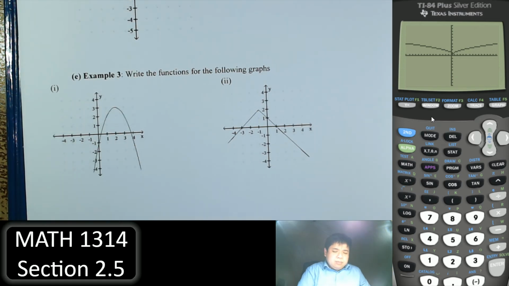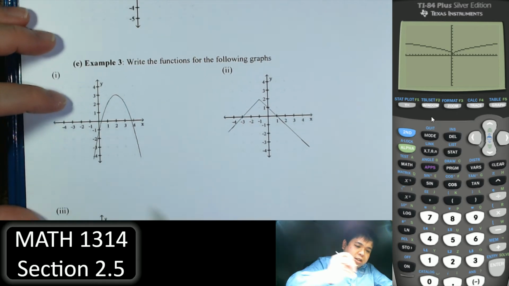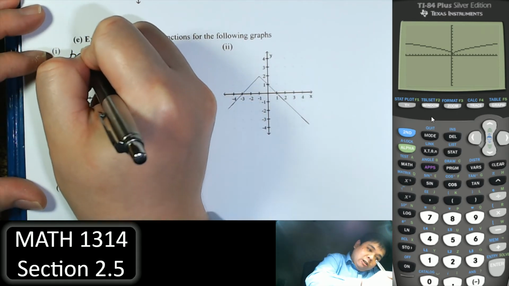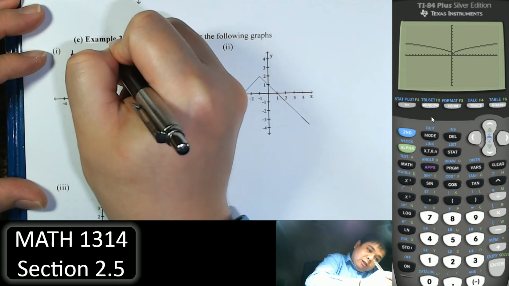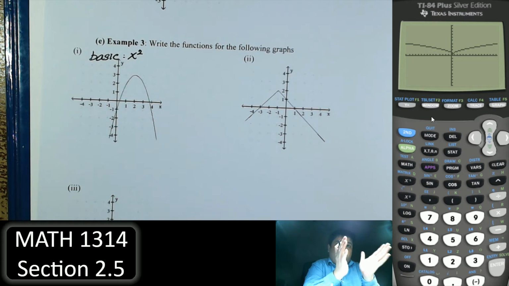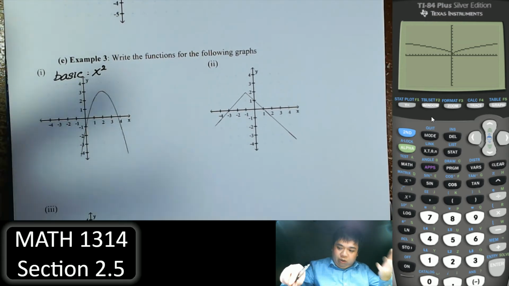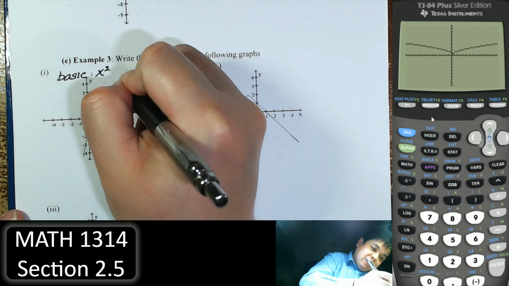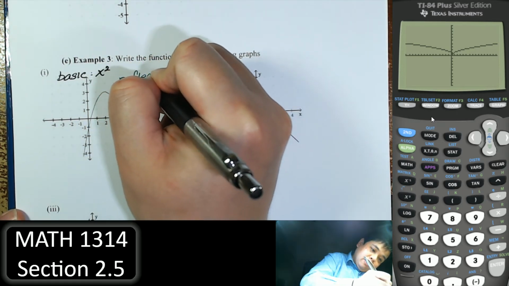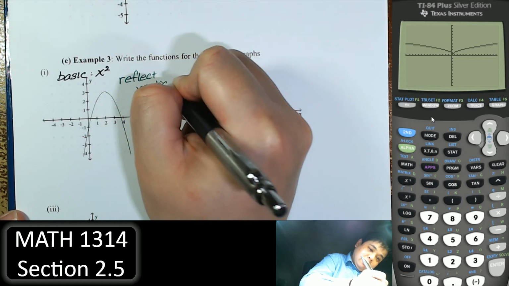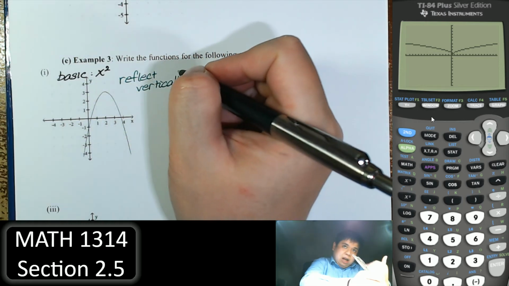Right. So first, this looks like the graph of x squared. So we have the basic function x squared. But what do we have? X squared opens up, right? So this is a reflection. So we have a reflection vertically. So let's make it upside down.